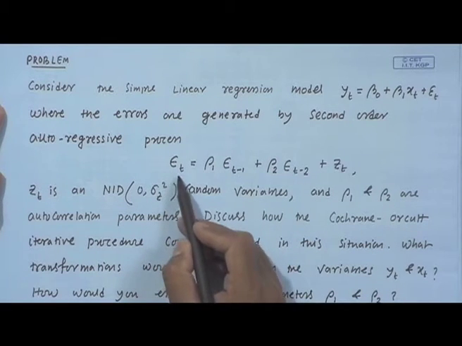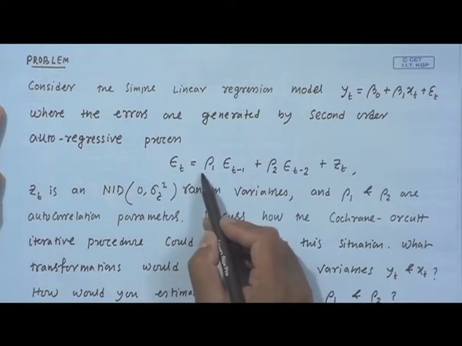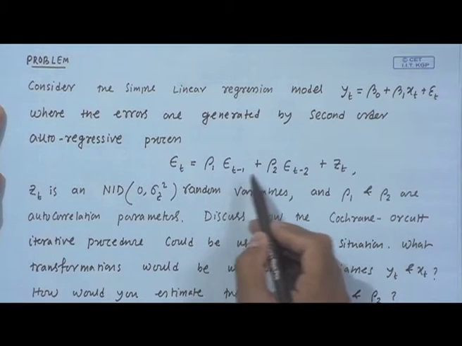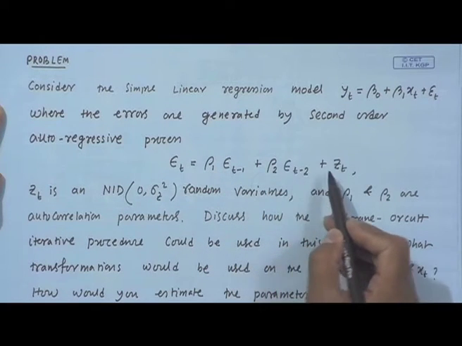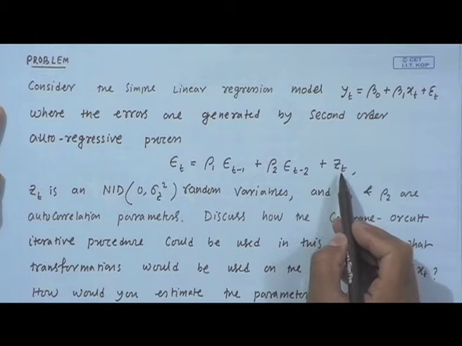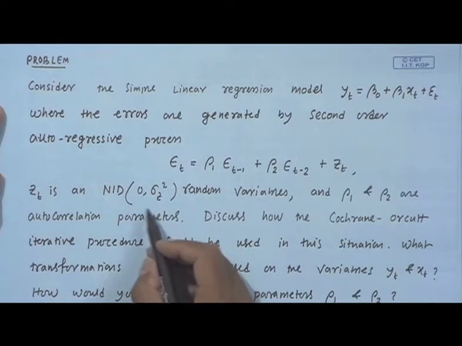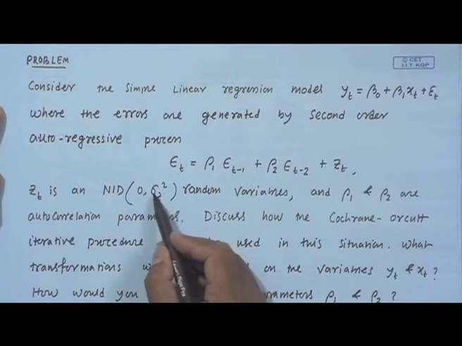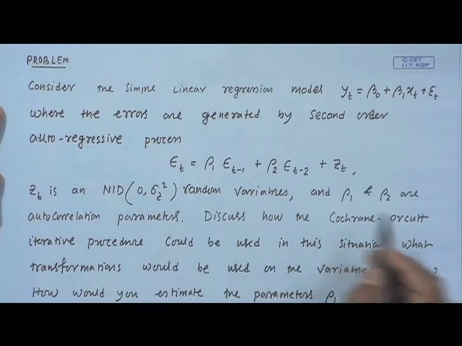So, epsilon t is equal to rho 1 epsilon t minus 1 plus rho 2 epsilon t minus 2 plus z t. So, this z t is independent with mean 0 and variance sigma z square.